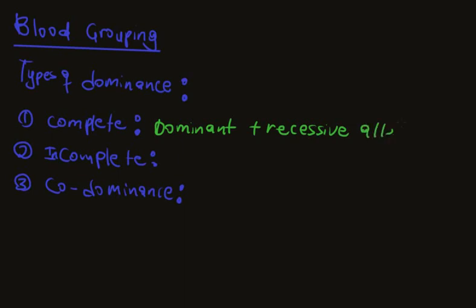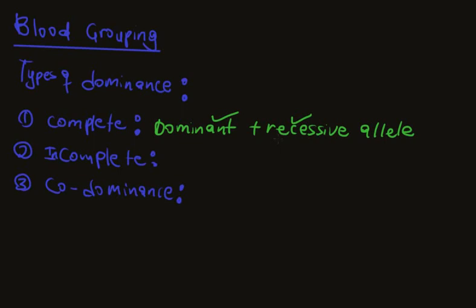With complete dominance, there is both a dominant as well as a recessive allele. As a result, the dominant allele will express itself in the phenotype if it is there on the genotype, and the recessive one will only be expressed if it's a homozygous condition.